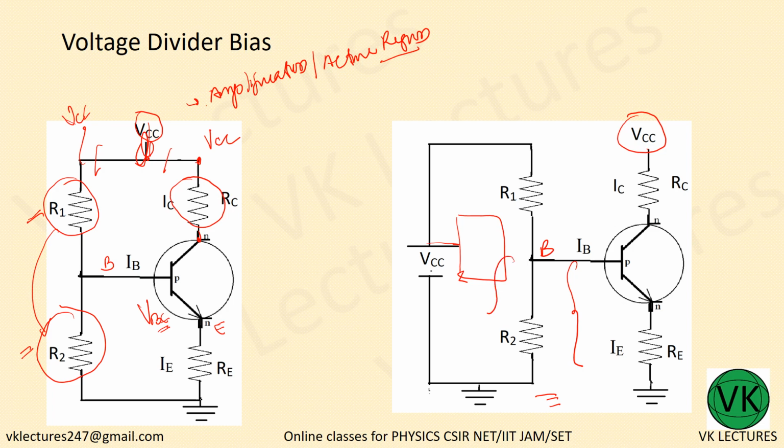This is the voltage drop happening across this R2. Now if I want to find out VB, this is nothing but voltage across R2. Now what is that? This is nothing but Thevenin's voltage, VTH.